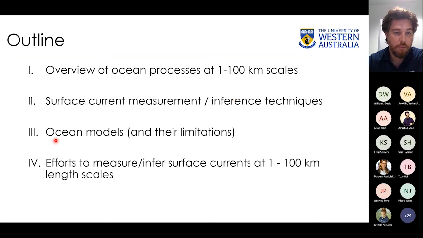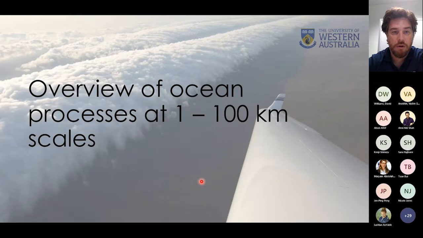Third, I'll talk about ocean models and their limitations for studying processes at these scales, and show some pretty movies along the way. And then last, and we'll spend a bit of time on this, some of the current projects within our group and the efforts to measure or infer the surface currents at these length scales.